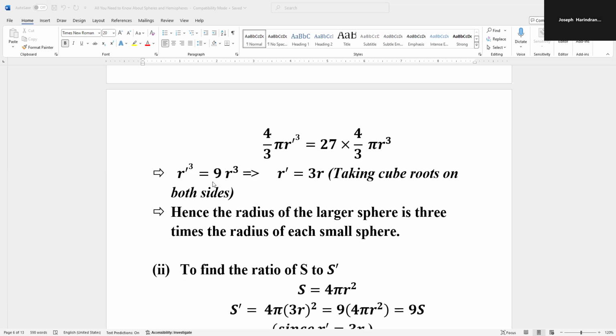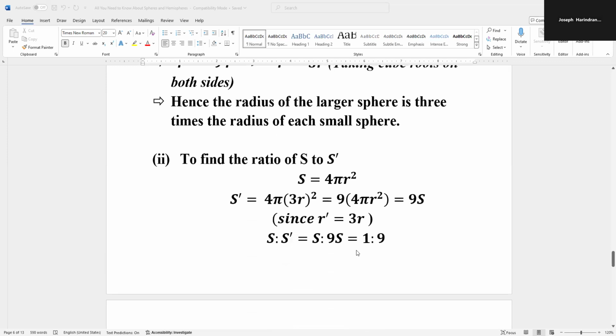It is not 9r, it is 3r the whole cubed, because 27 r cubed is what you will get. So when taking cube roots, you will get r dash is equal to 3r. You will get the answer as r dash equal to 3r, which is nothing but the radius of the largest sphere is 3 times the radius of the small sphere.